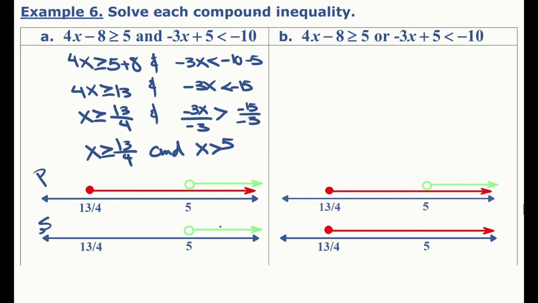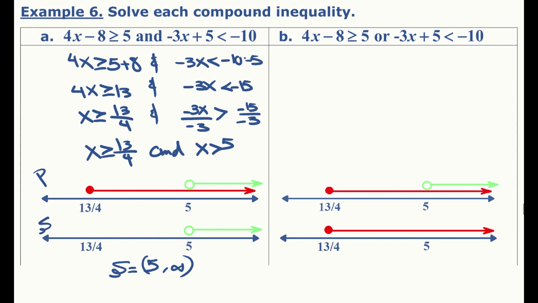Now notice that we are now poised to write the solution set, which is just going to be this set right here, which is just parentheses 5 comma infinity parentheses. All right, so it's an open set from 5 onward, right? So basically all real numbers greater than 5, if you want to say it in words.